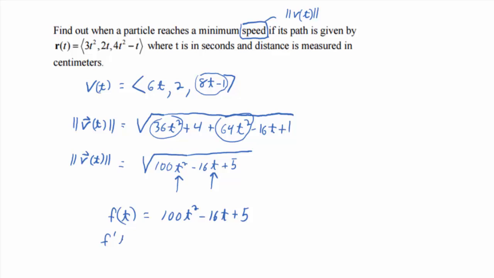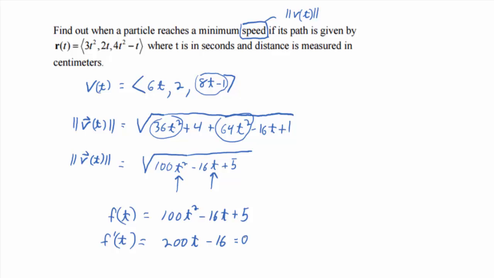F prime of t, what is that going to give you? 200t minus 16. So do you remember what to do? You got to find your critical value, right? Where the min or max might occur, the relative min or max, or the local min or max, whatever you called it. So you set the derivative equal to 0.